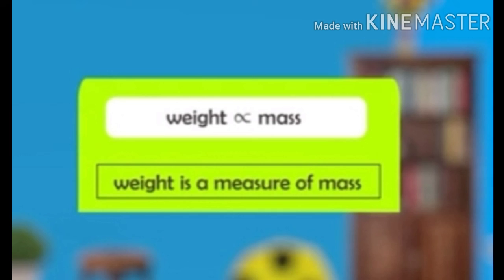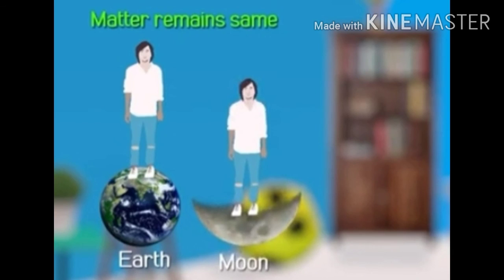And the mass of an object remains the same everywhere. Before, I concluded that mass will be the same all over. Mass is the same everywhere, but the weight will not remain the same everywhere.